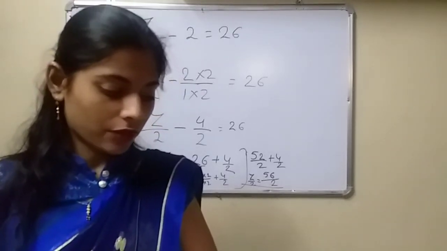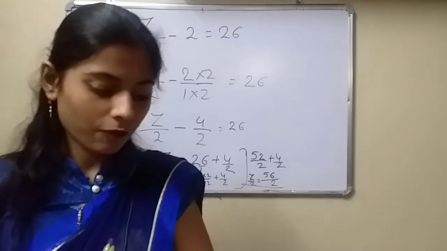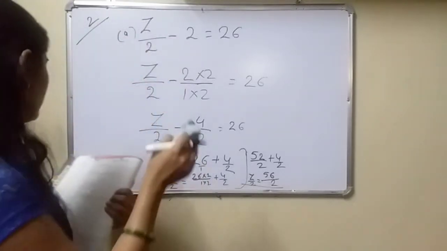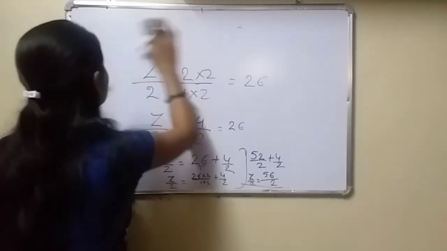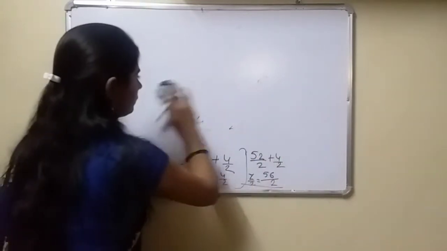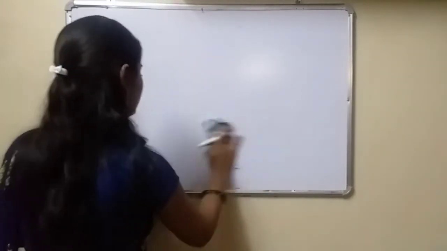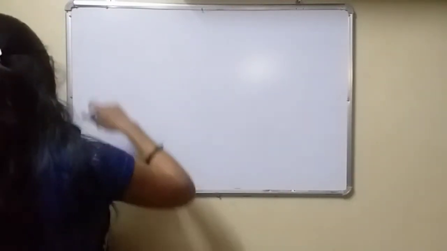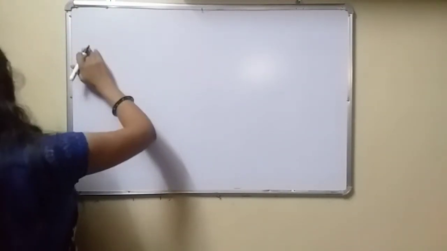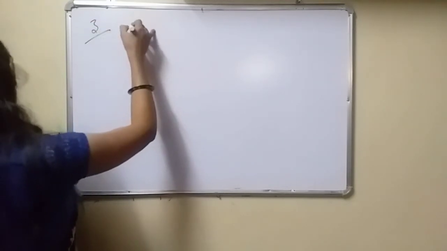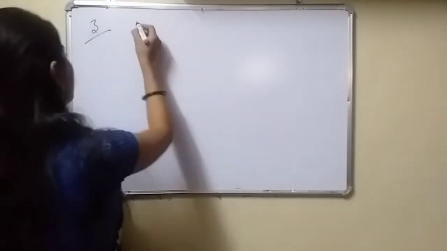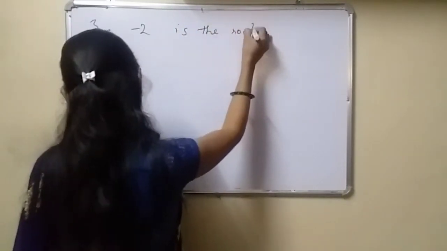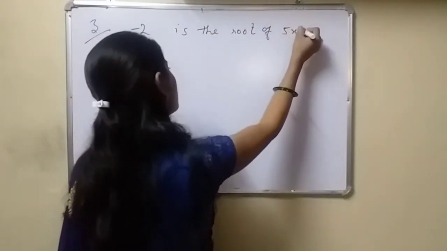Now question number 3: determine by substitution if minus 2 is the root of 5x is equal to 10. They are asking whether minus 2 is the root of 5x is equal to 10.